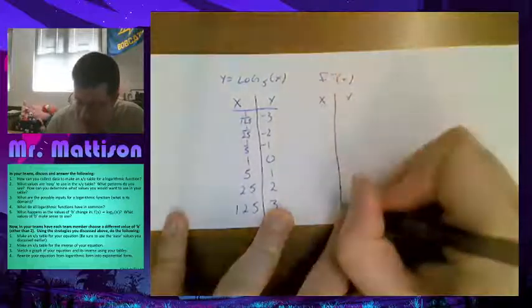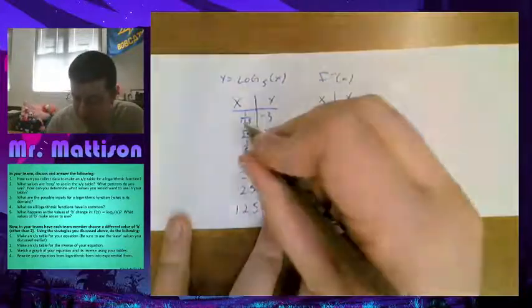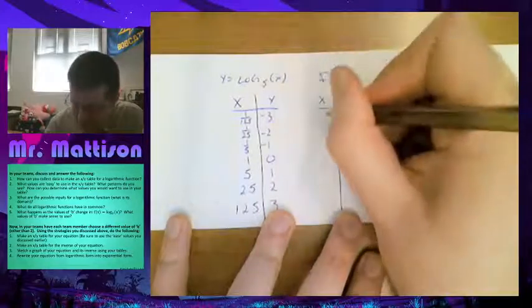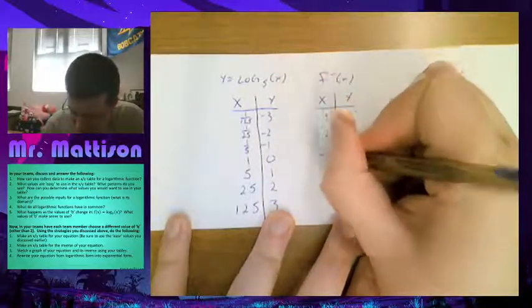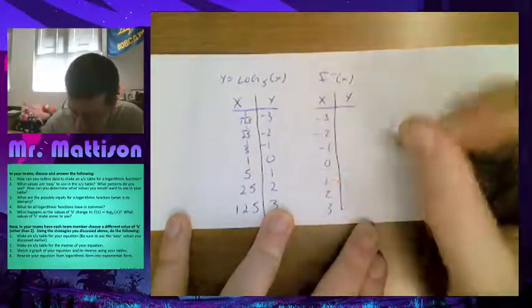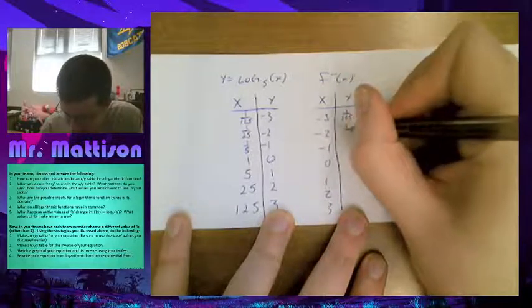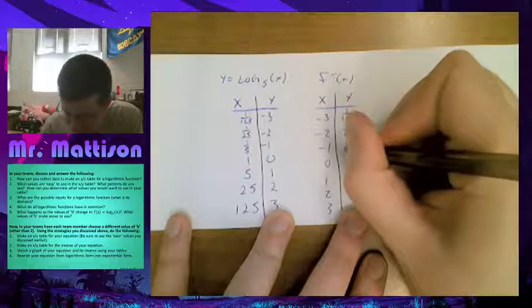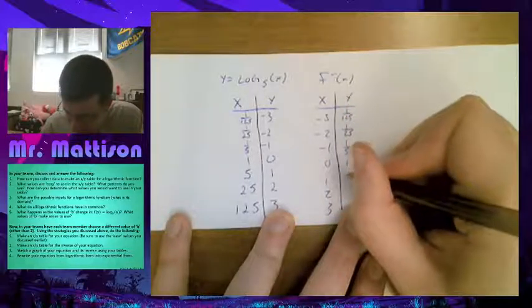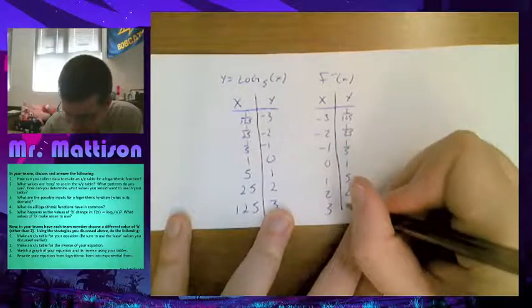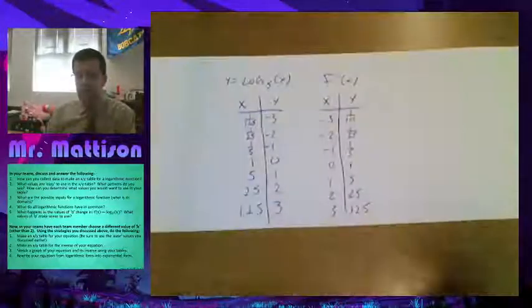When I make the table for it, I literally just transpose my x's and my y's here. So I have -3, -2, -1, 0, 1, 2, and 3. And then I have 1 over 125, 1 over 25, 1 over 5, 1, 5, 25, and 125. So there's my table there.